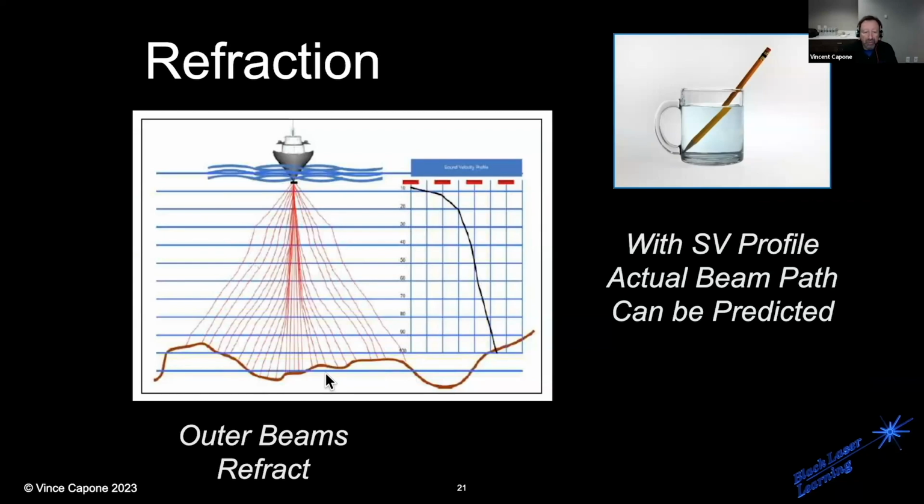And those are critical. So not only do we have to know how the speed is affecting the time, which would affect the distance measurement, but we also need to know the impact point of what you're measuring. If we don't know where that sounding was taken, or we assume it's a straight line, it could be a very different measurement.